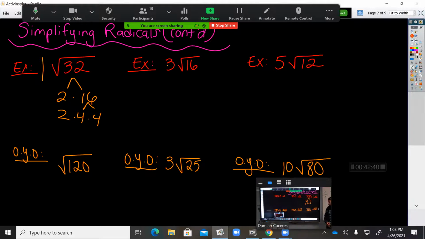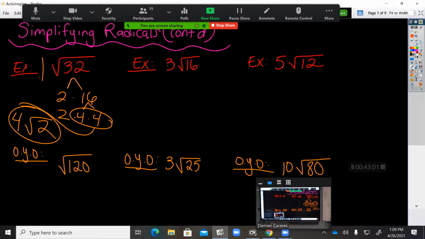If you see something repeat twice, take it out once. Now, because that's a 1 out here, 1 times 4 is still 4, so it's not going to change. Now, what's left in the radical? What did I not take out? The 2. So if it repeats twice, it comes out once. If it doesn't, it stays in there.